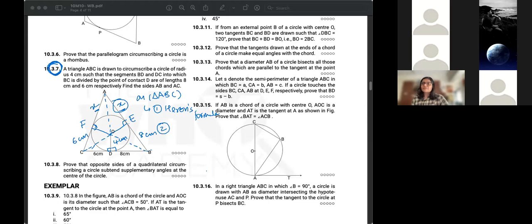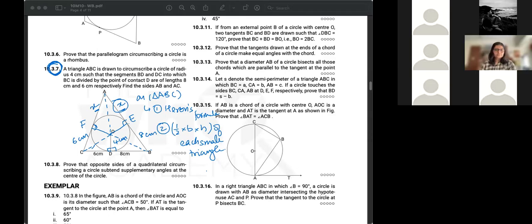Sarah and Aditya have also solved it. Puneet also has done it. Okay.